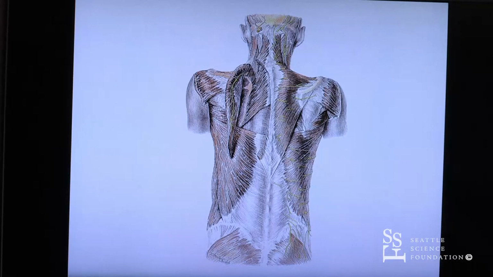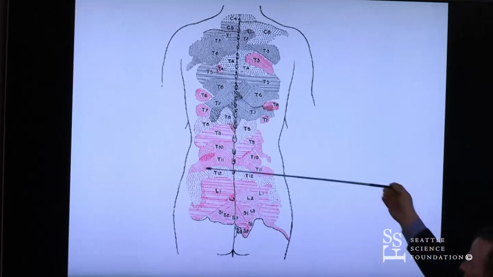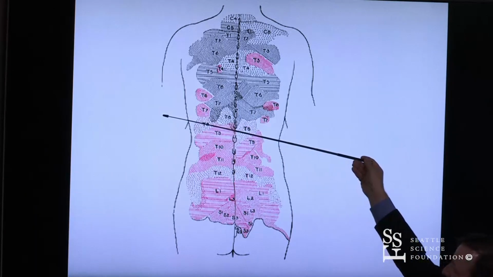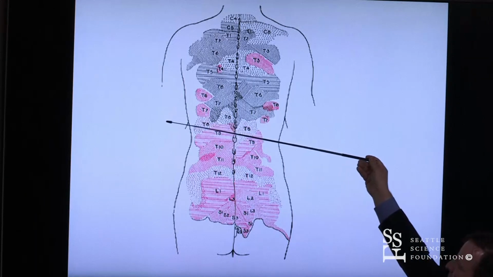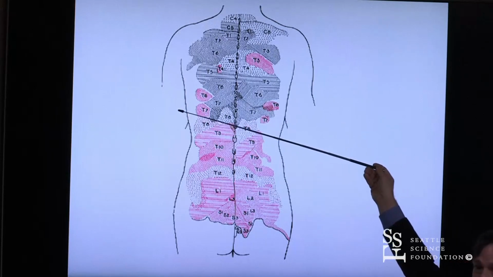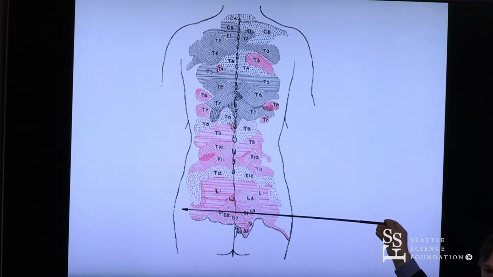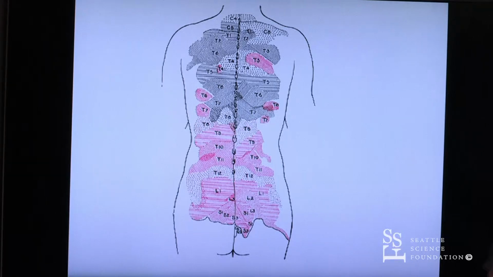And interestingly, I think in my next slide I show that someone actually followed out each medial and each lateral branch. And in essence, if you kind of say mid-thoracic area right here, everything up here in the darker color is going to be skin innervated by medial branches of the dorsal rami. Everything down here is going to be skin innervated by the lateral branches of the dorsal rami, right?